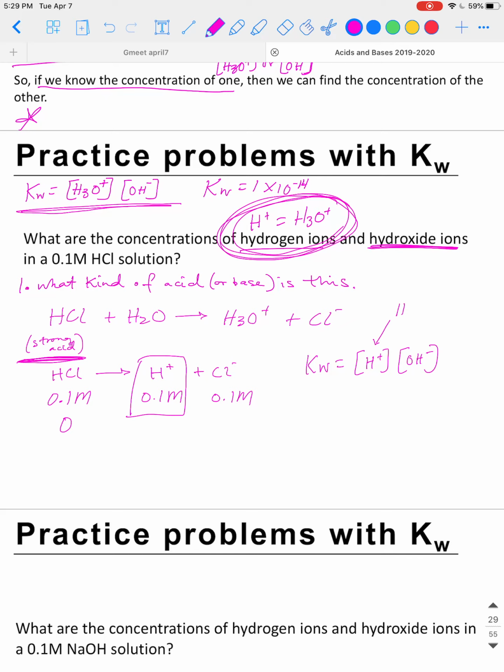Okay, remember, H plus, this is H3O plus. Don't freak out. These are the same thing here. So we know Kw, 1 times 10 to the minus 14 equals, we know H plus, let's plug that in, 0.1 molar, and we're looking for the concentration of OH minus. So all we do is we divide both sides by 0.1 molar.